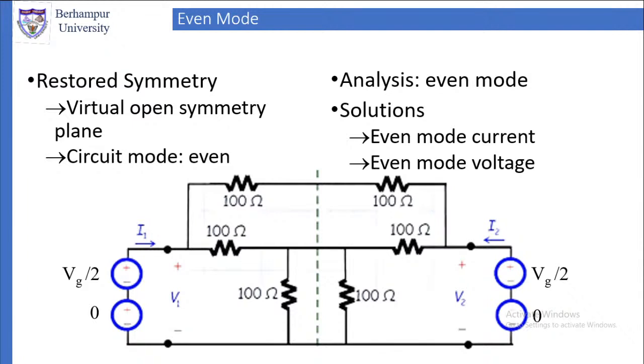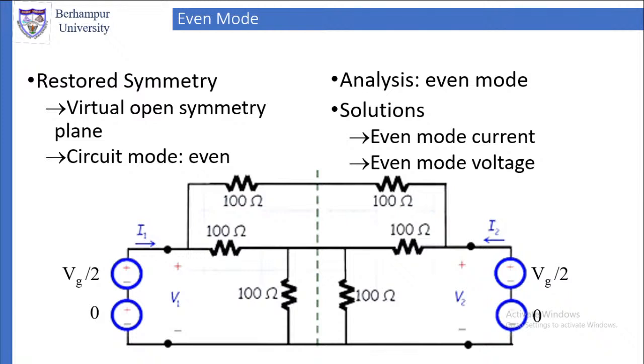Since both the currents are the same but in opposite directions, at the center point where they meet, the net current will be 0 because they are equal and opposite. Similarly, at the other points where the line intersects, it will be 0. Since current is 0, it is virtually an open circuit. In an open circuit the current is 0. So this dashed line gives a plane which is representing an open circuit.